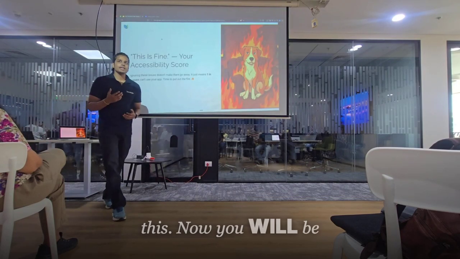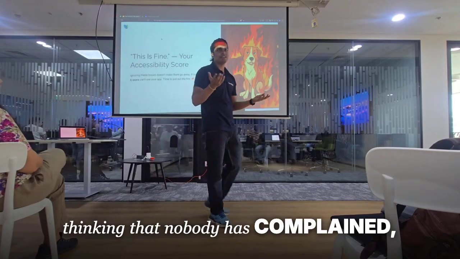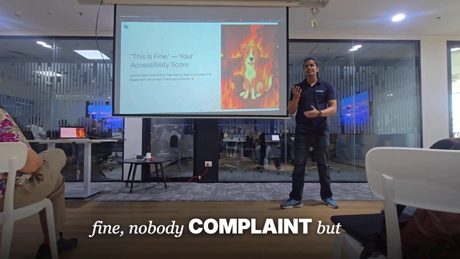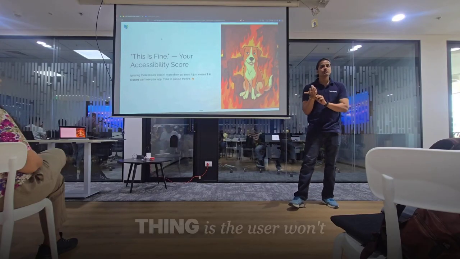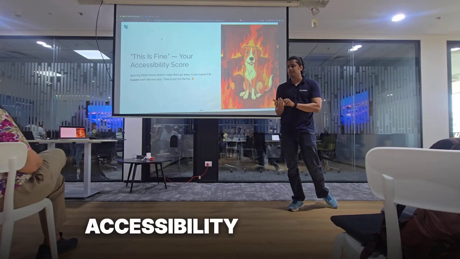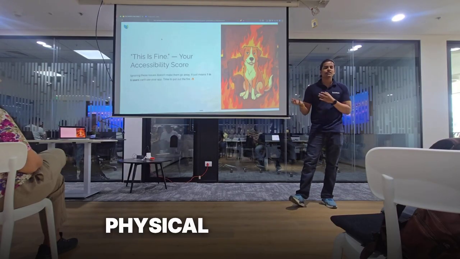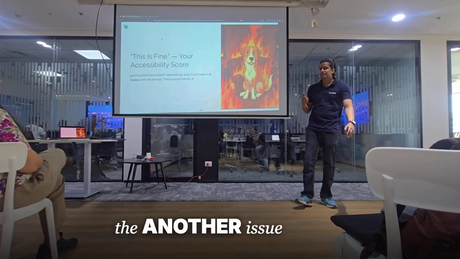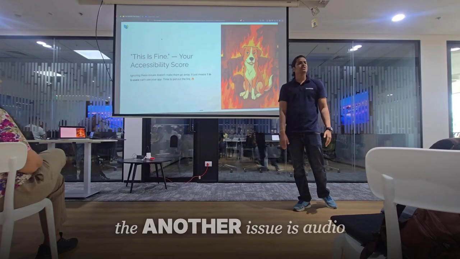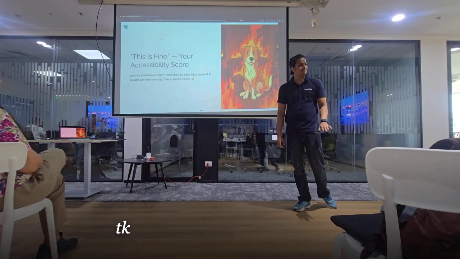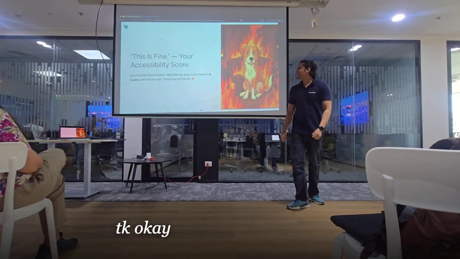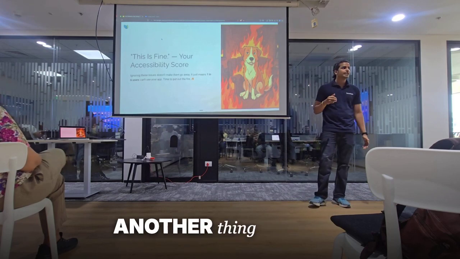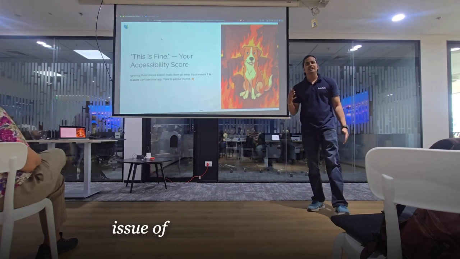Now you might be thinking that nobody has complained, right? My app is working fine, nobody has complained. But the thing is, users with accessibility needs or physical issues won't use your app. They won't use it. And another thing is it raises the issue of legal stuff, right?